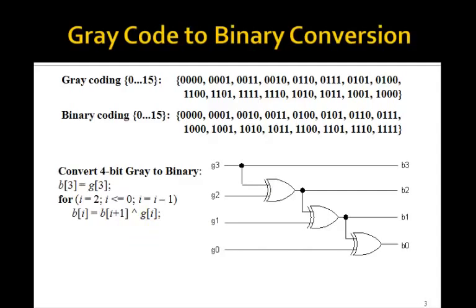So you might think that we could just use a VHDL for loop, as we did in the previous lesson, to implement this circuit. But it turns out you'd run into a problem, because if you look at this, you see that every time through the for loop, the new Bi depends not only on the input G, but also on the previous B. For example, B1 depends on B2 and G1.